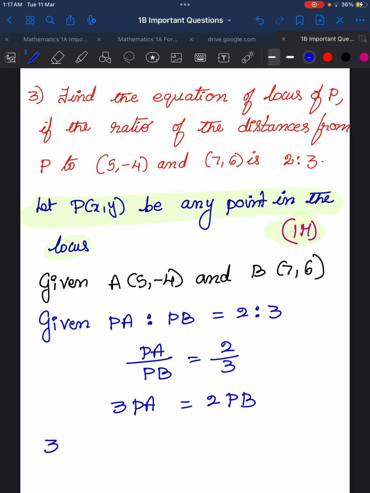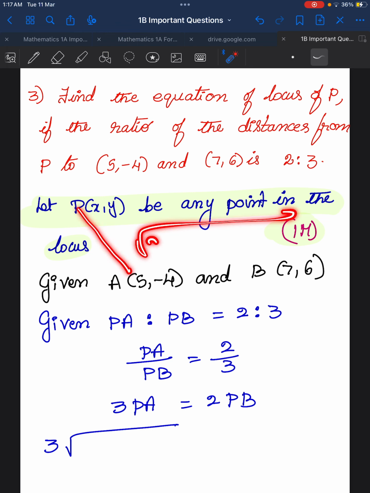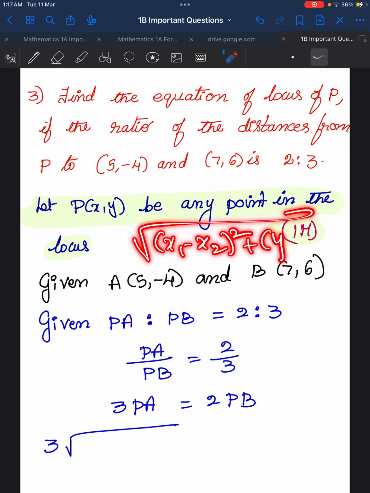Again we will apply the distance formula. What is the distance formula? Just now I said root of x2 minus x1 whole square plus y2 minus y1 whole square. Or you can directly take the value as x1 minus x2 whole square also. Why? Because square is there, whatever the first term, it will give the same answer. So x1 minus x2, that is x minus 5, here y plus 4.